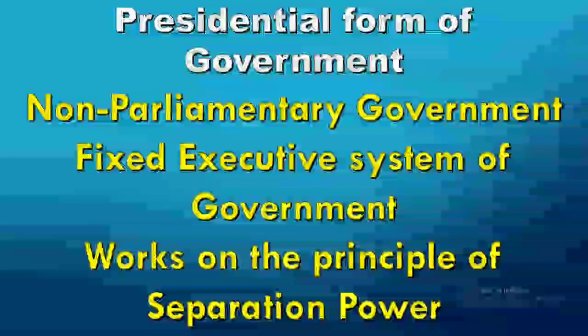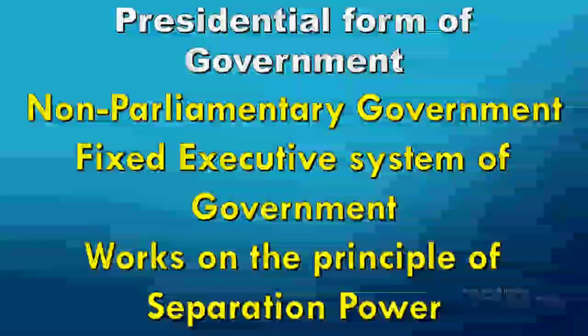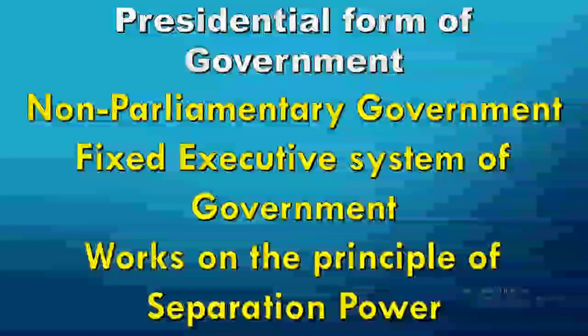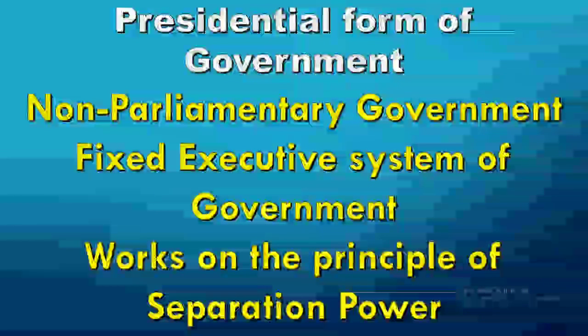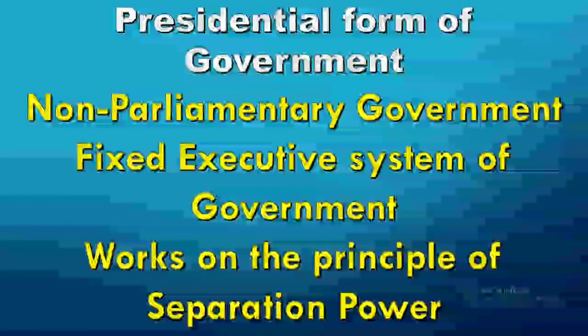It is the non-parliamentary government, which is a fixed executive system of government. It works under the principle of separation of powers. So every ministry will have their own responsibility and control in their ministry.